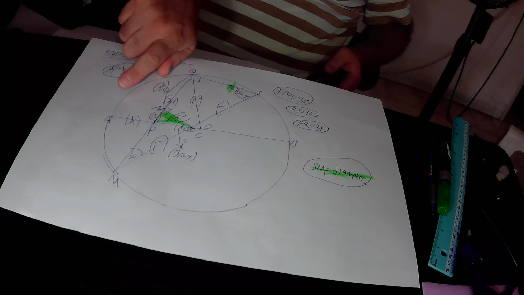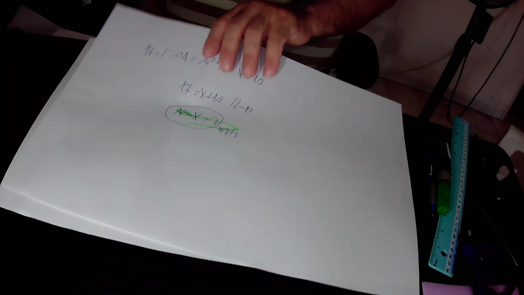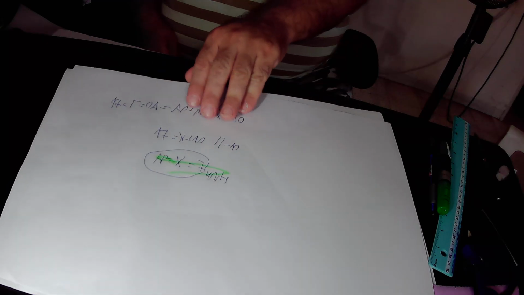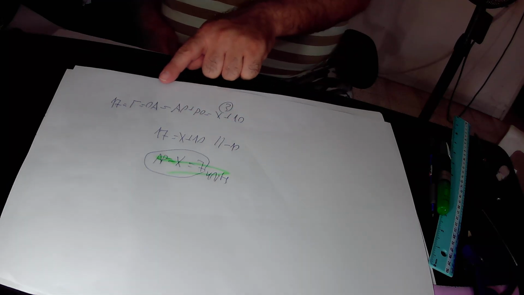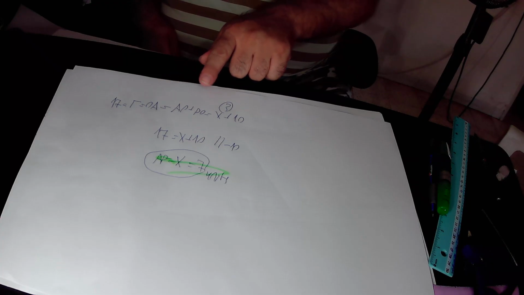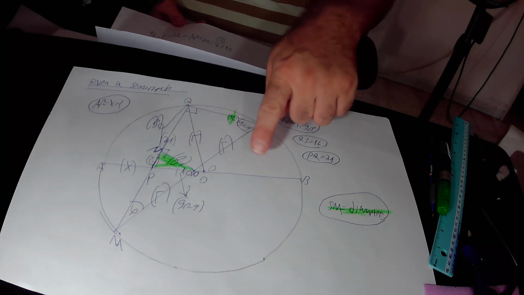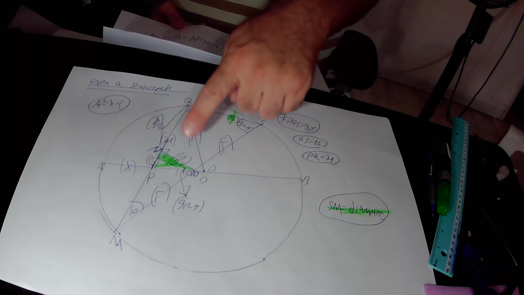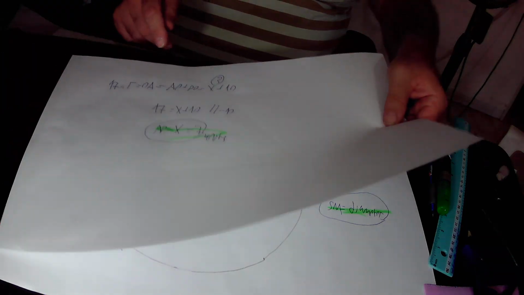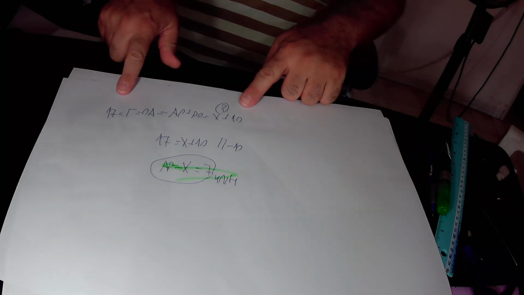Again, OA equals AP plus PO. AP is X and PO is 10. So in total we found out that 17 equals X plus 10.